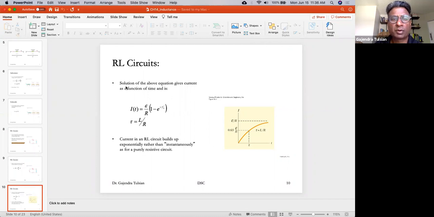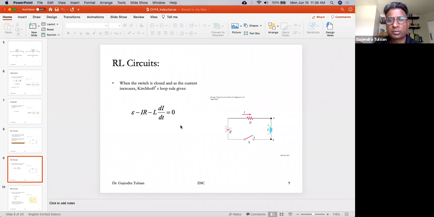Okay, actually, before I pause, let me summarize what we did again. Okay. So again, we were interested in how the current changes in the circuit when you close this switch. You saw in the simulation that the current rises exponentially to its steady state value, and we wanted the functional form for this current.